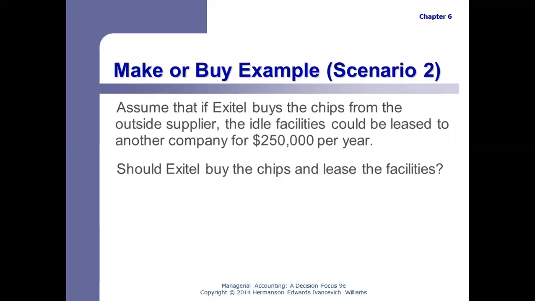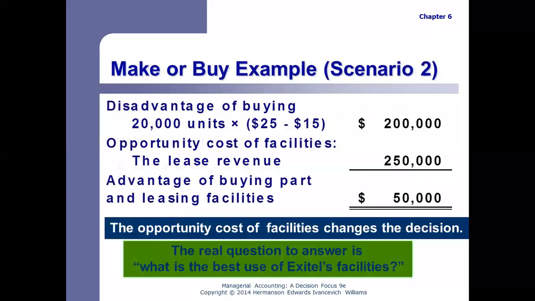So let's say that we do buy the chips from the outside supplier, but those idle facilities, where we used to make the chips, we could then lease that factory or whatever the facility is to somebody else for $250,000. Okay, should we then buy the chips and lease the facilities out?